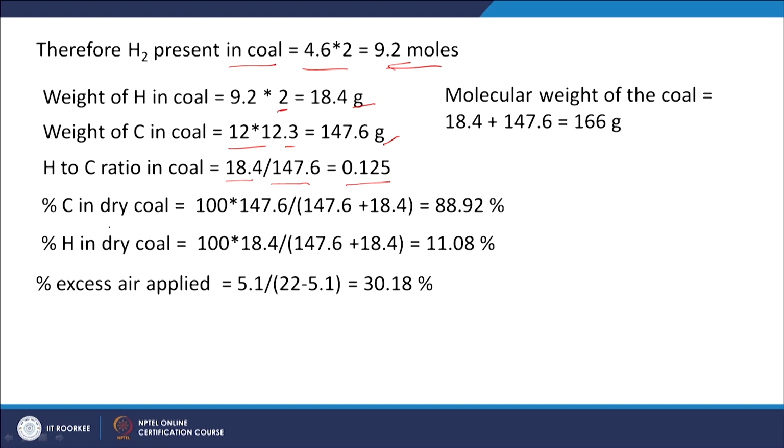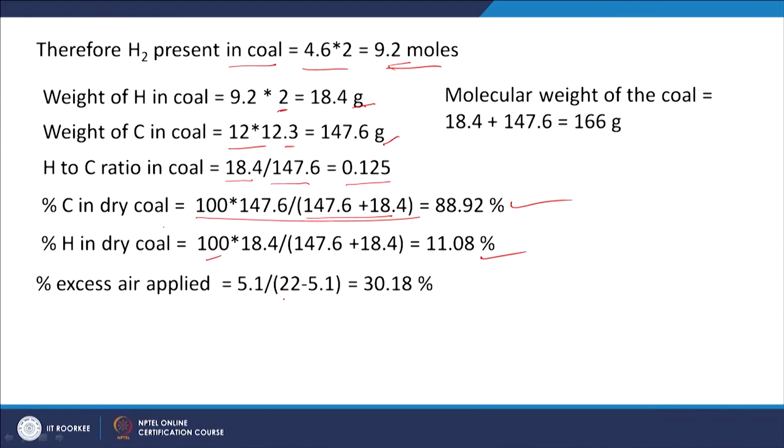And the percentage carbon in dry coal, we will convert it, 147.6 divided by 147.6 plus 18.4 into 100. This is the percentage basis, and hydrogen will be 18.4 divided by this into 100. So that is 11.08%.